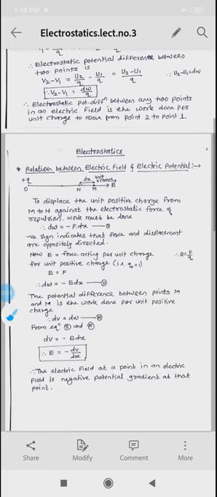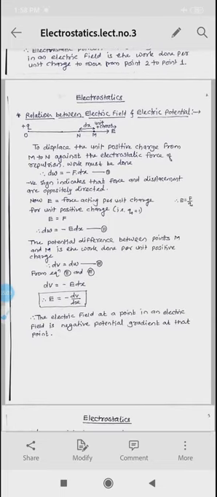Now, the second article is the relation between electric field and electric potential.